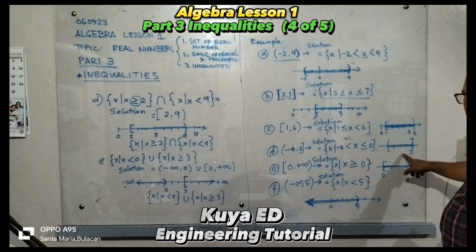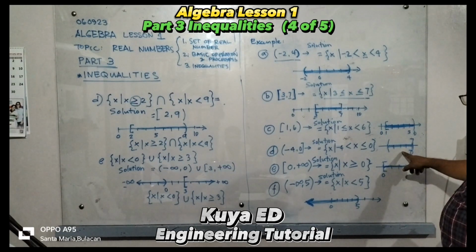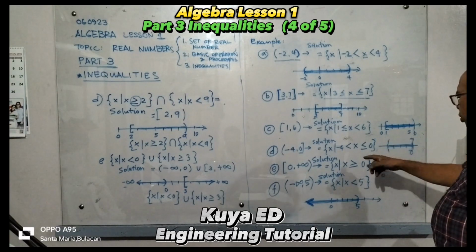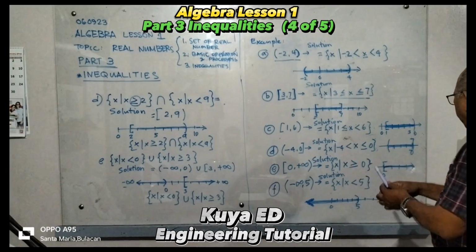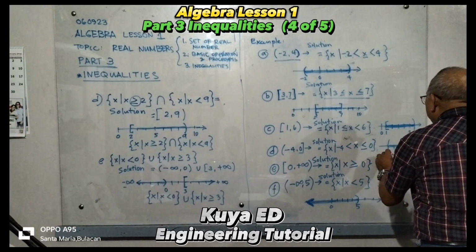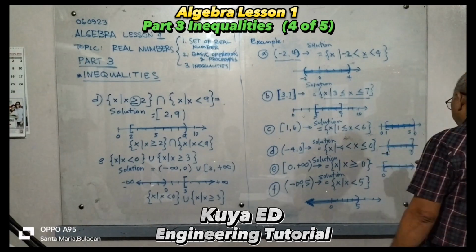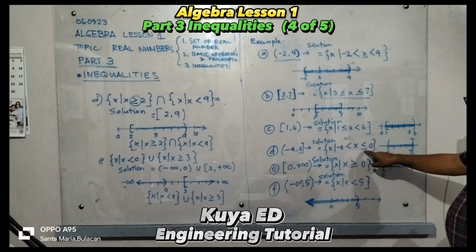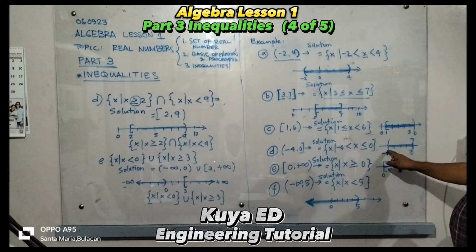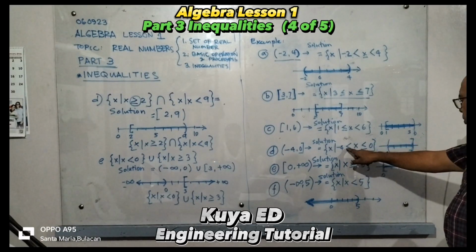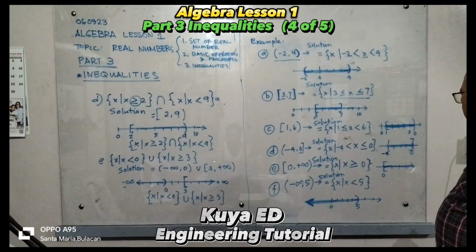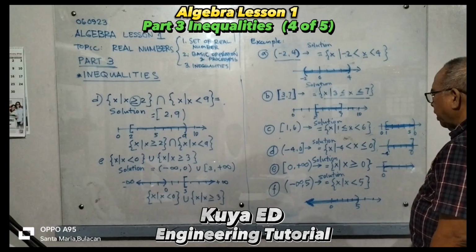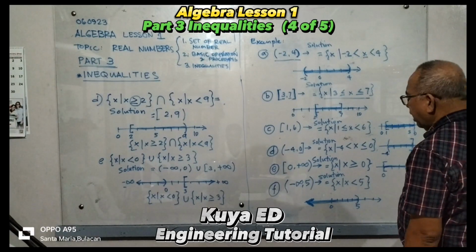So this is now the case. Okay? From 0 going to negative 4. So this is negative 4. Then this is bracket, less than or equal. Then this is parenthesis. So meaning it is less than. Okay? So that is the example letter D.